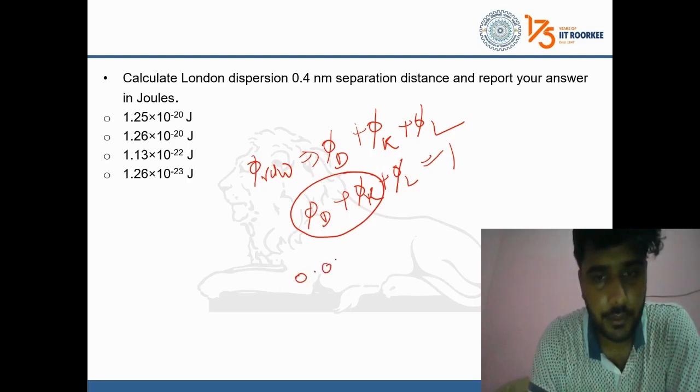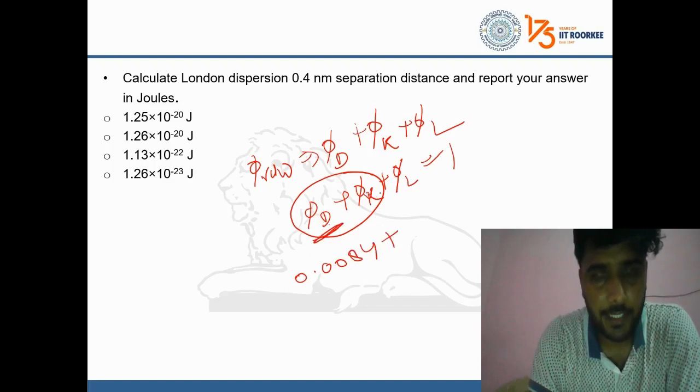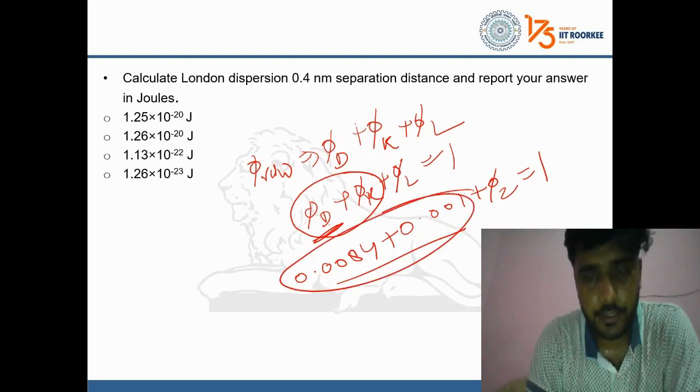Let's say I got this value for this term, and for phi k I am getting 0.001, and plus phi l is equal to 1. So you just subtract the values from 1, and you will get the value of London dispersion.